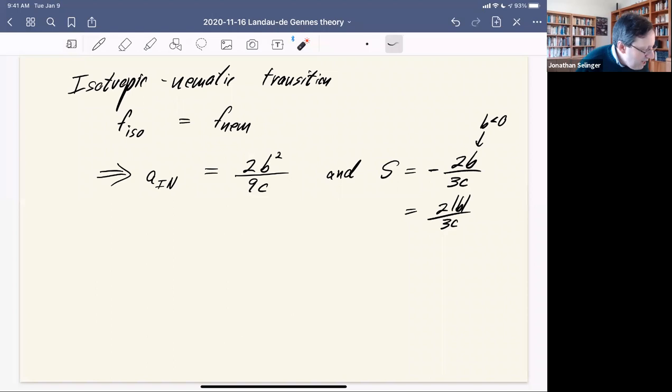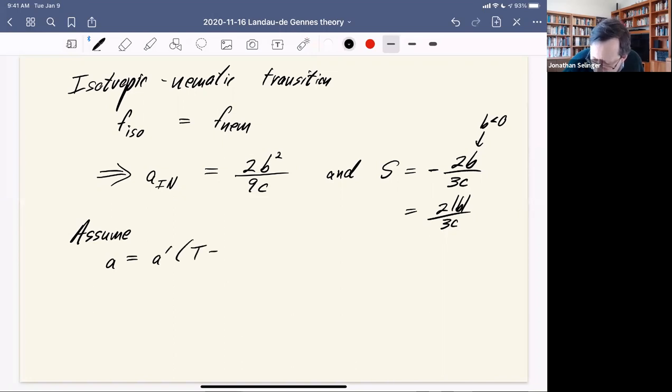Now, if we wanted to translate that into a temperature, we could assume that A depends on temperature as A prime times T minus T0, where T0 is not necessarily the transition temperature, it's just whatever temperature it is where A equals 0.